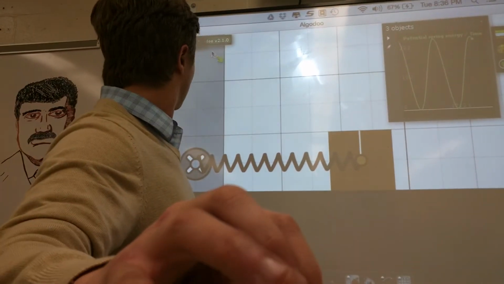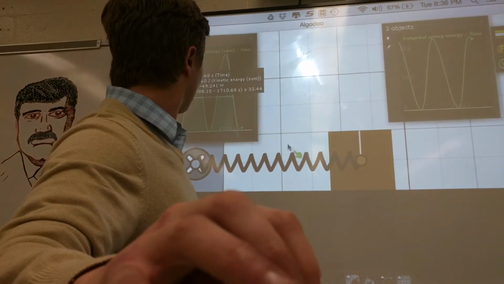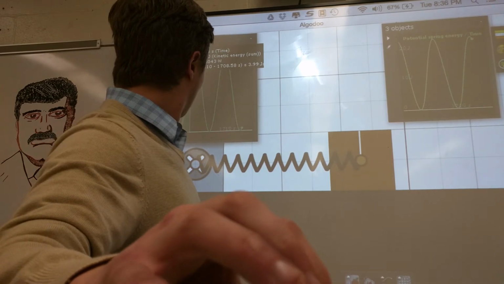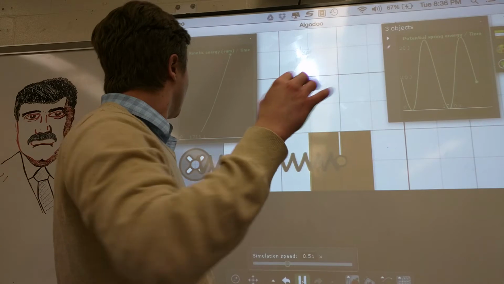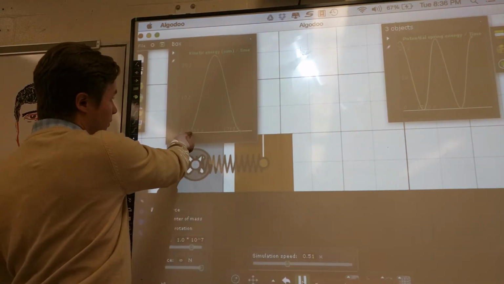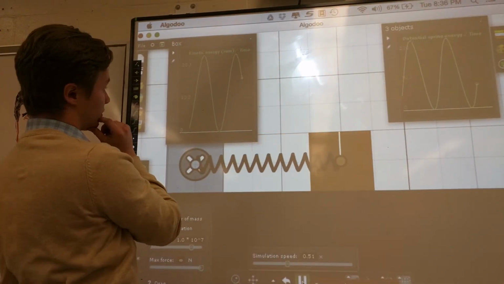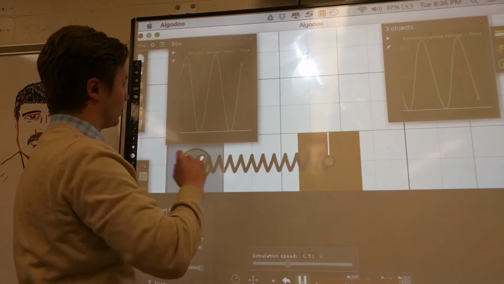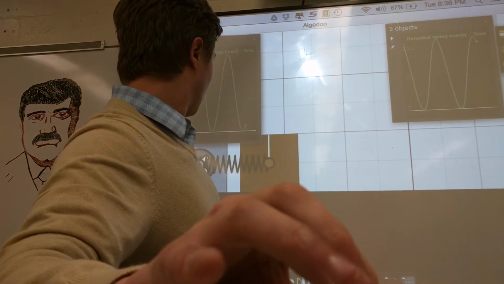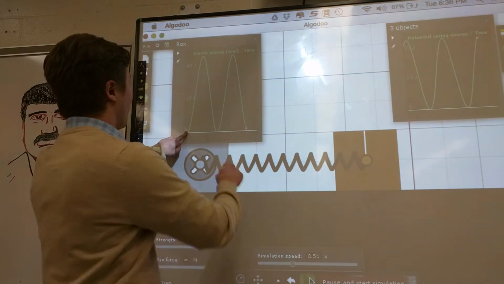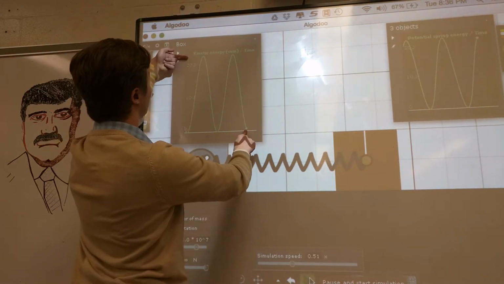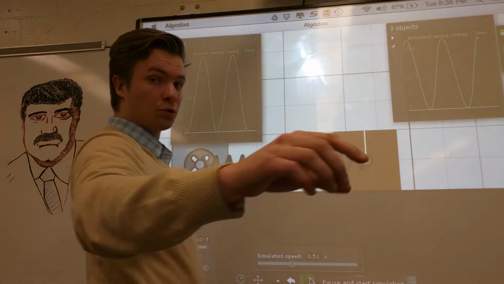Cool. Well, let's explore what is happening to the kinetic energy. Let's erase this for a second, and then we'll play it. Well, it also is changing with time and position. When this thing is, let's say, at its most stretched point, we have 0 kinetic energy, and up here we have a little over 20 joules of kinetic energy.